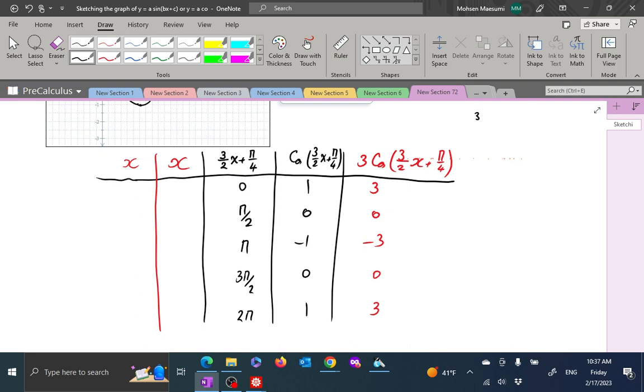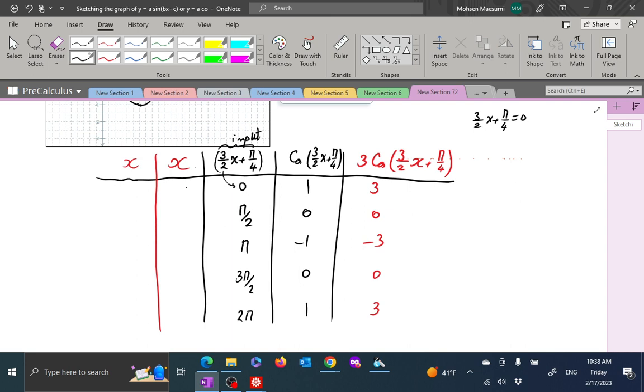We have 3/2 of x plus pi over 4 is equal to 0. So this is our input. It's going to turn into each of these angles, and once we have these angles, we go ahead and figure out the x, clean up the x, and then go after graphing.